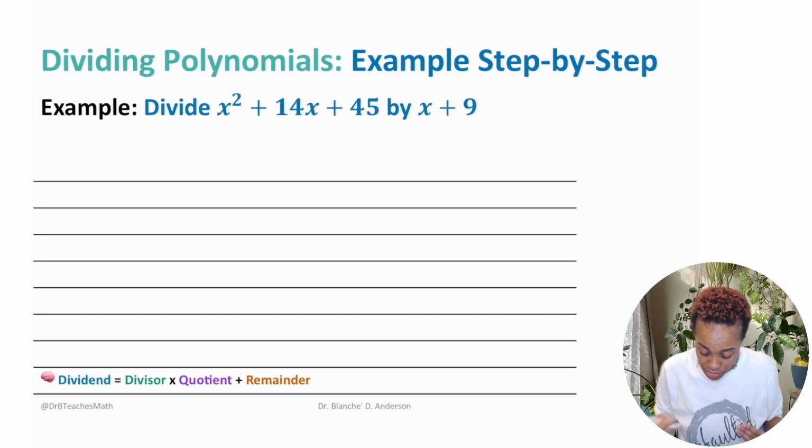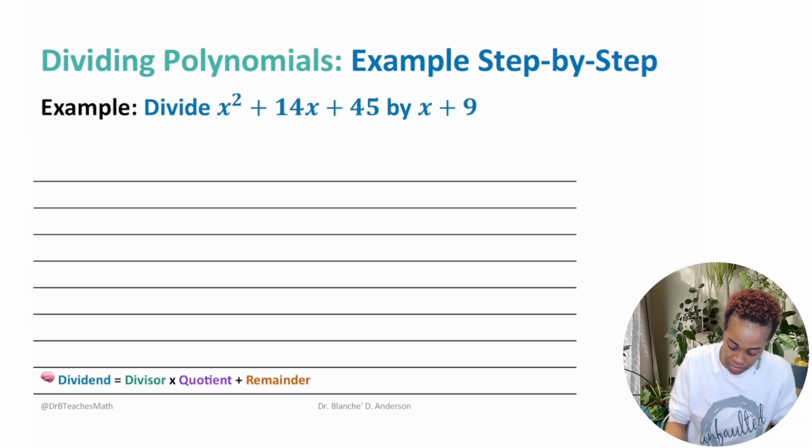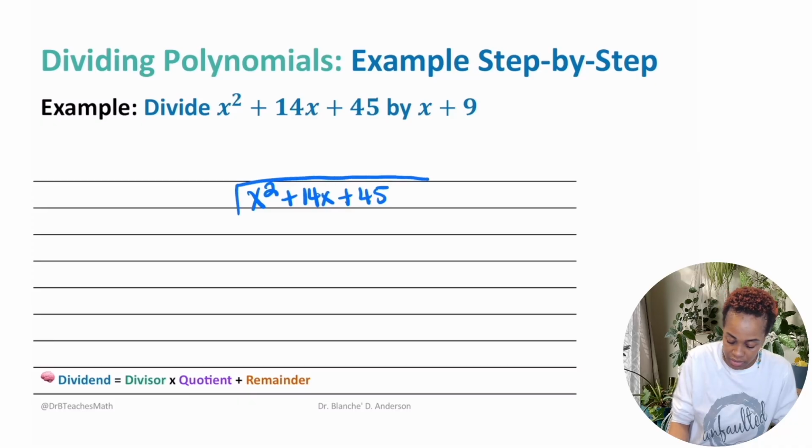But before we do that, one thing I want to point out: we're going to write this exactly like we would a long division problem. So we have x squared plus 14x plus 45, divided by x plus 9.